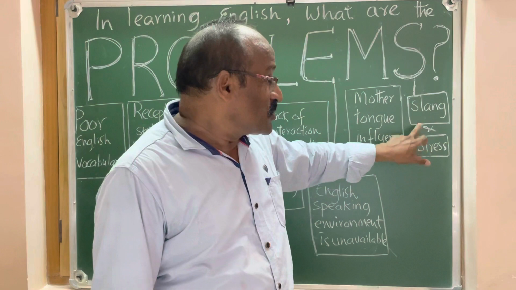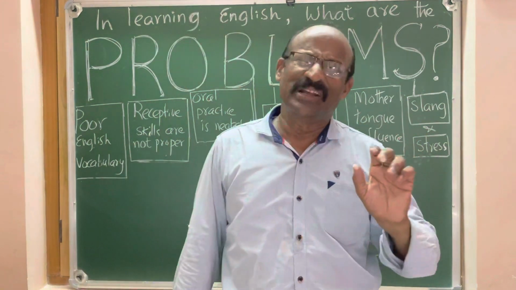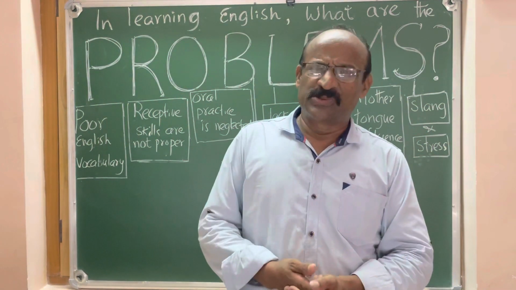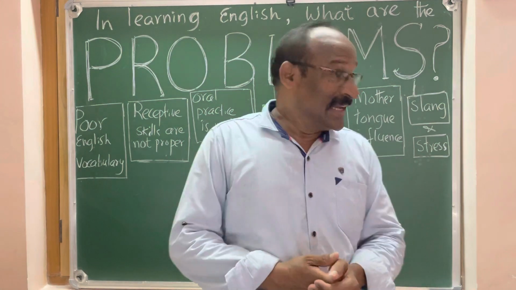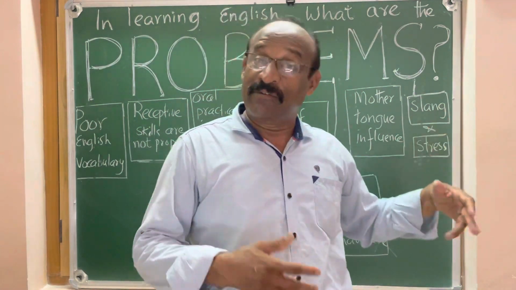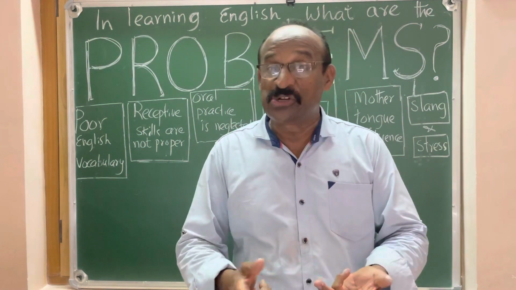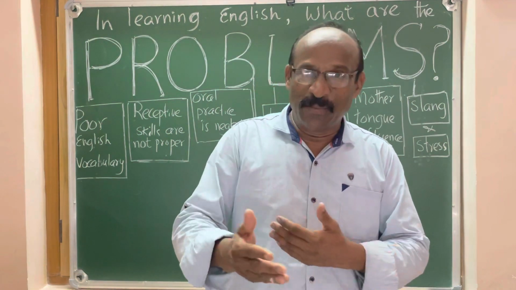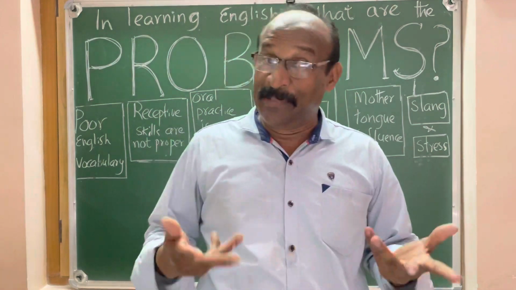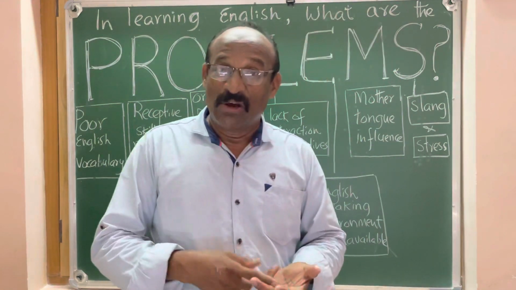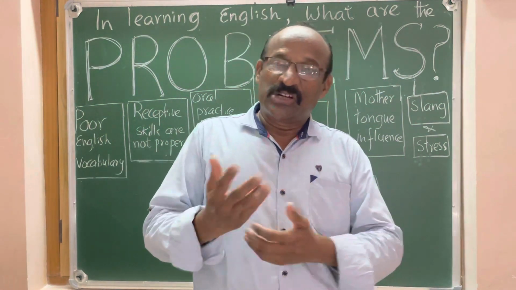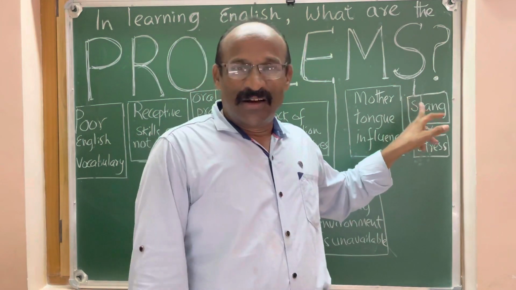Slang is very, very important. Generally we say "I want to go", but native speakers say "I wanna go". Instead of "want to", "wanna"; instead of "going to", "gonna"; and "I gotta go".